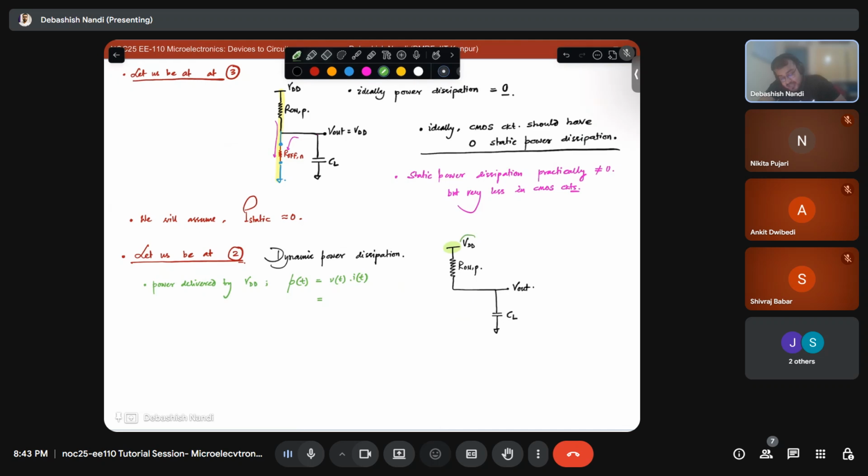For this battery, what is V(t)? VDD. And what is I(t)? The current through this. Current, okay, sir. So what is controlling the current?